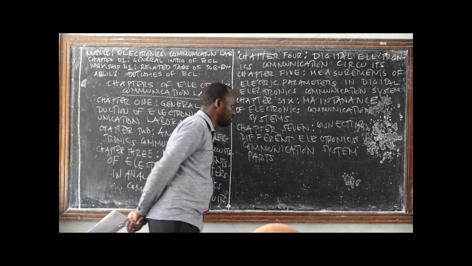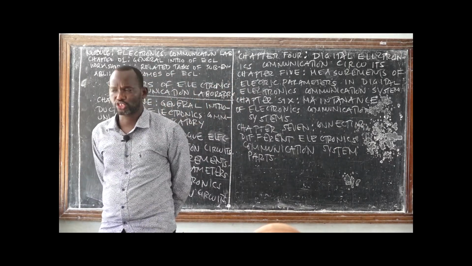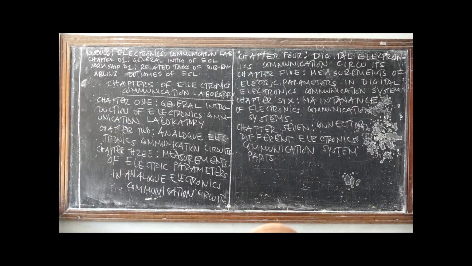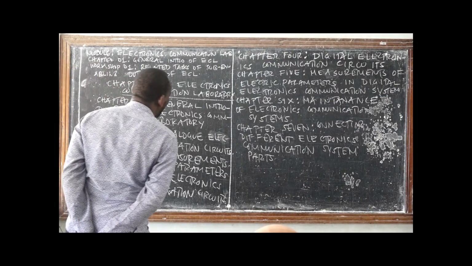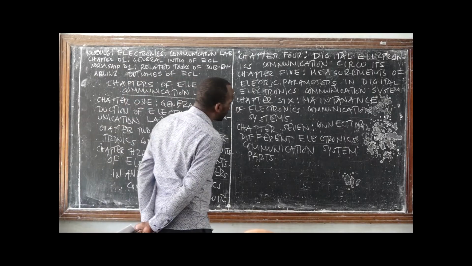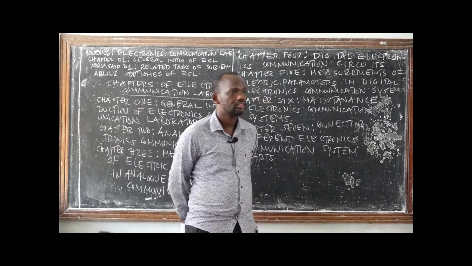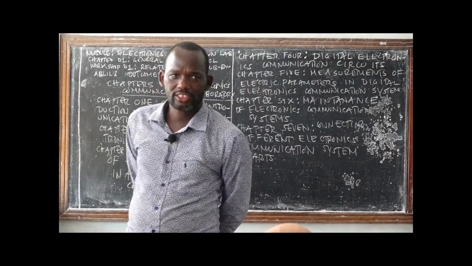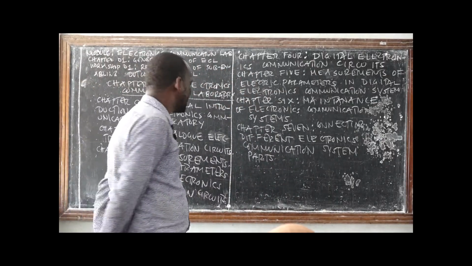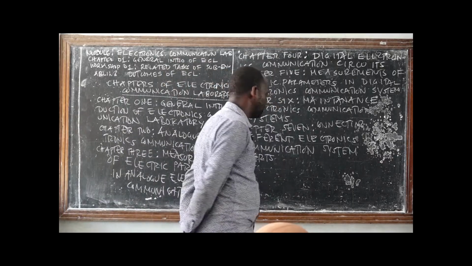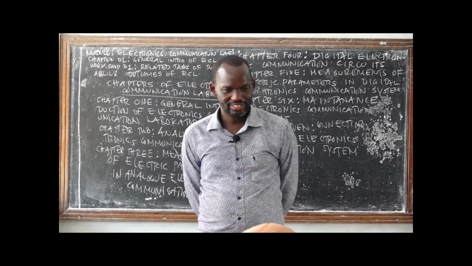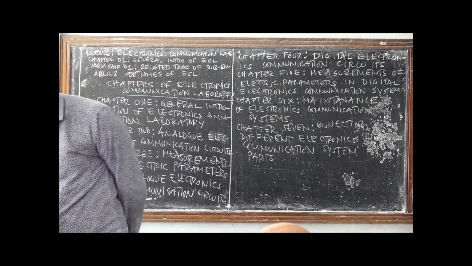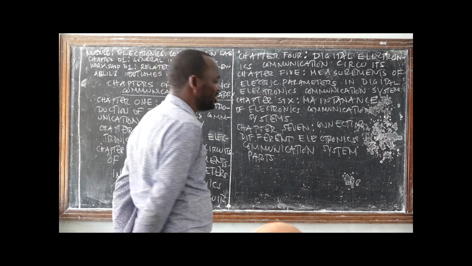The next is chapter 6, maintenance of electronics communication system. Then chapter 7, connecting different electronics communication system parts. Once we complete chapter 7, then we say, wow, now you are an electronic communication engineer. You have something in your mind about electronics communication engineering.